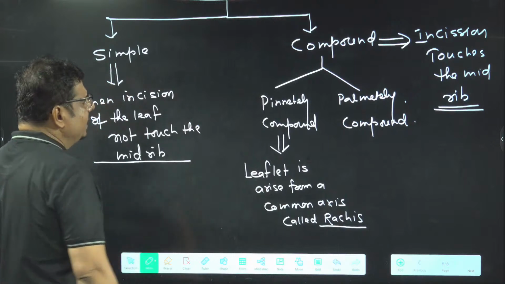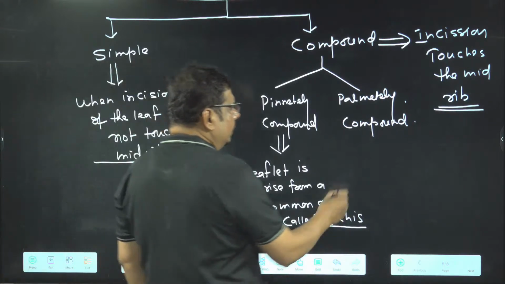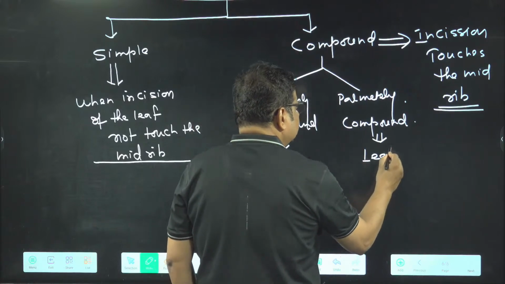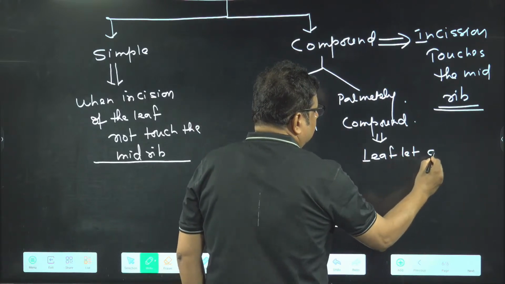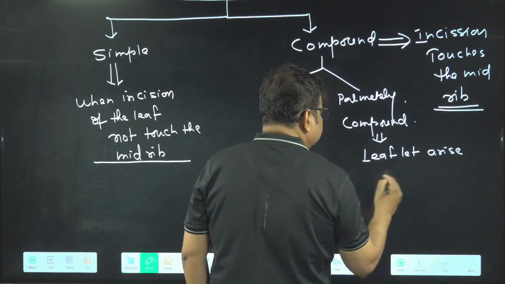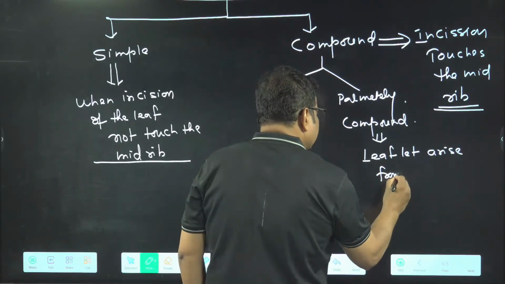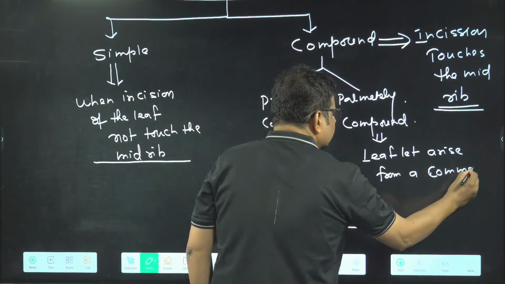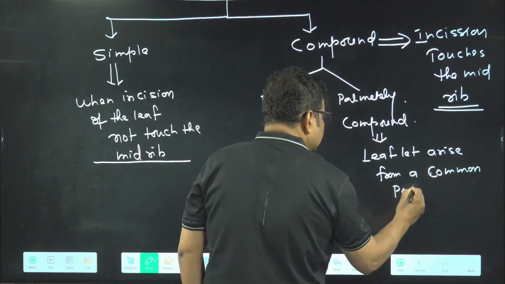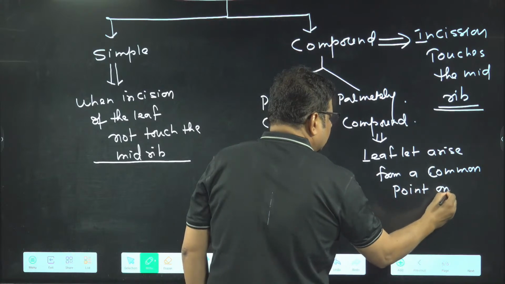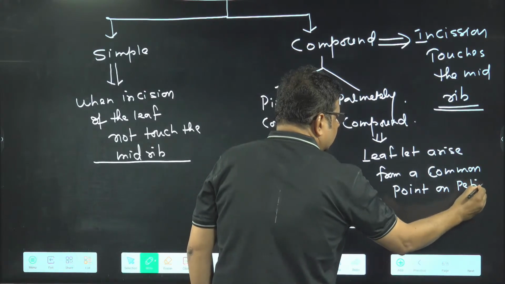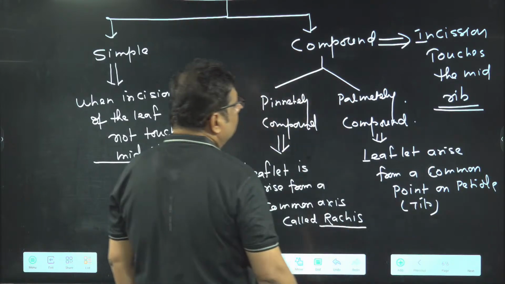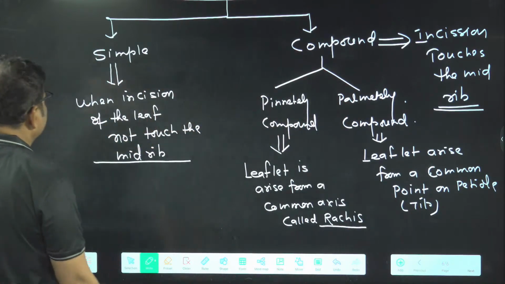And in case of palmately compound leaf, what happens? Leaflets arise from a common point on the petiole, and that is usually the tip of the petiole. It is called palmately compound leaf.